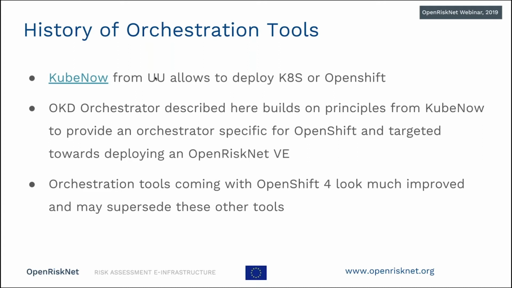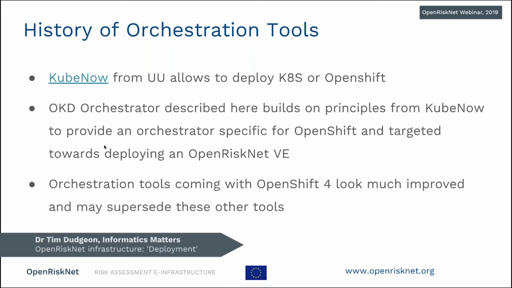Based on what we learned from that and building on the good practices that established, we created a separate OKD orchestrator that was designed specifically to orchestrate an OpenRiskNet virtual environment. KubeNow is more of a general tool, and there are other tools you can use to deploy Kubernetes as well. But OKD Orchestrator is specifically designed to deploy an OpenRiskNet virtual environment and not do anything else.